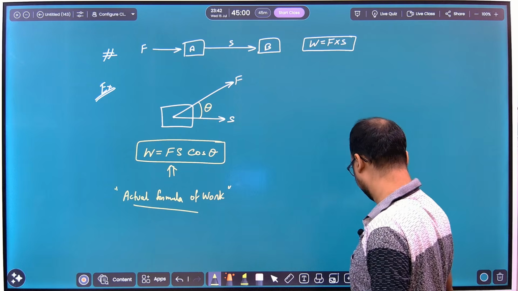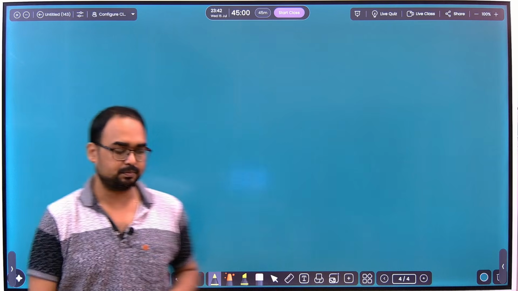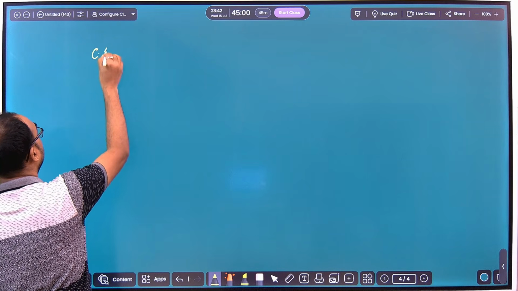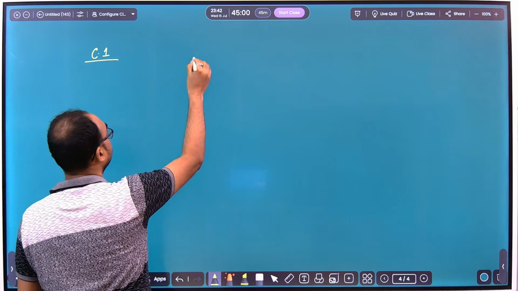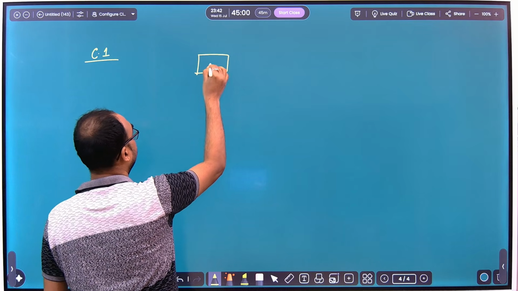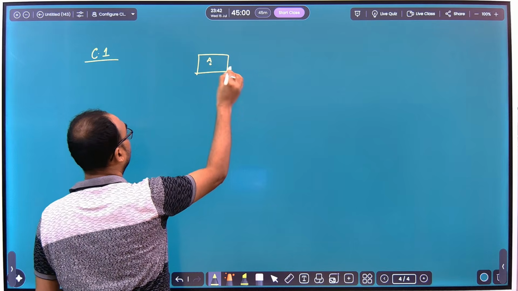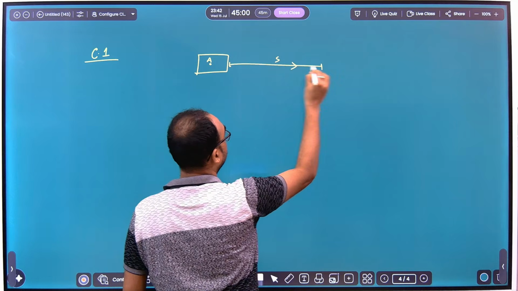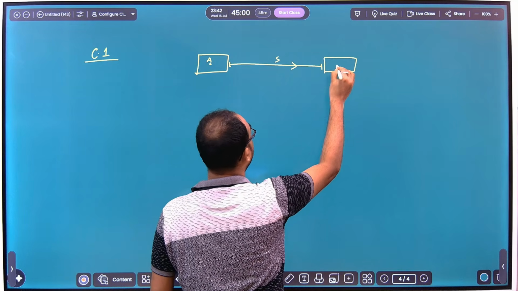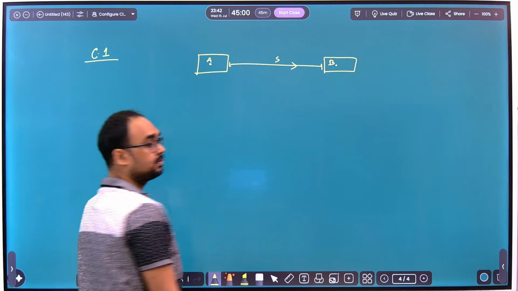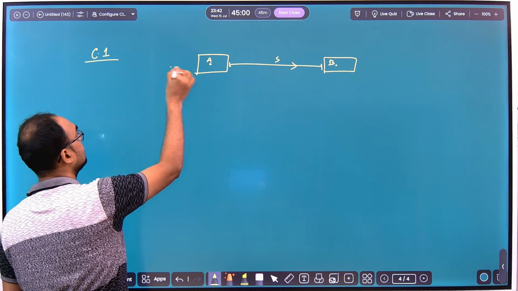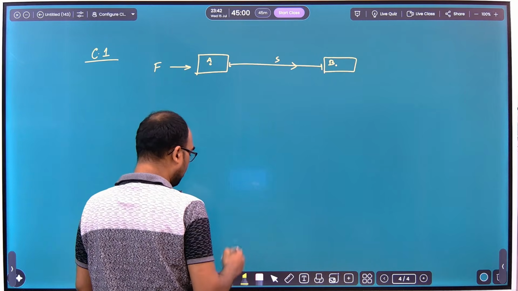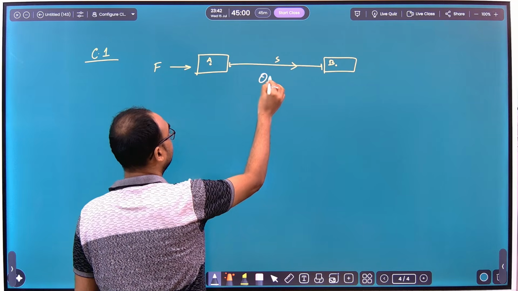For the first condition, let's assume condition number 1. Let's assume a body is at point A. It has to move a distance s in this direction to point B, and the force is applied in this direction. So according to the formula, what is the theta first of all?